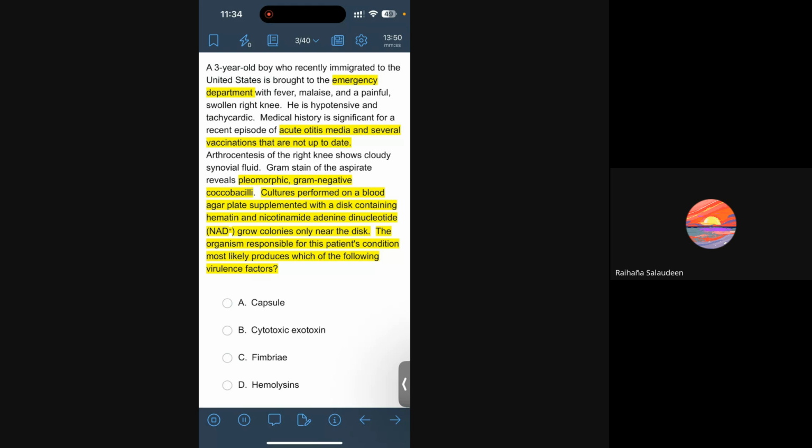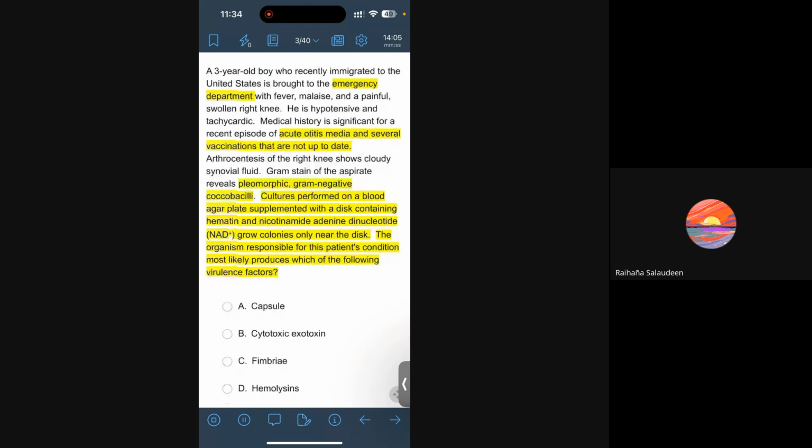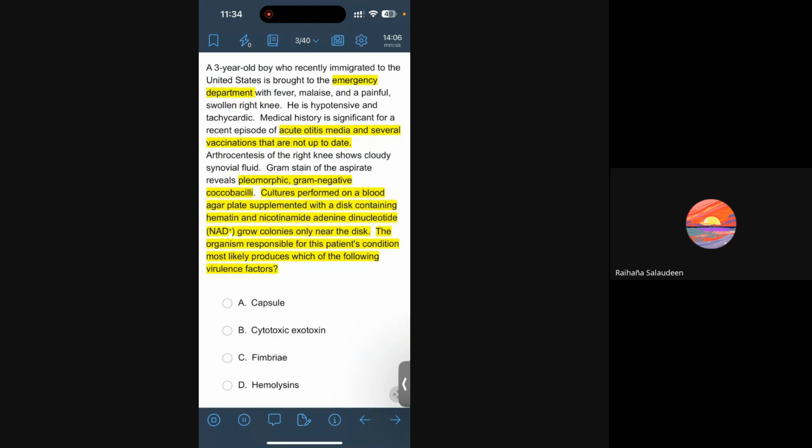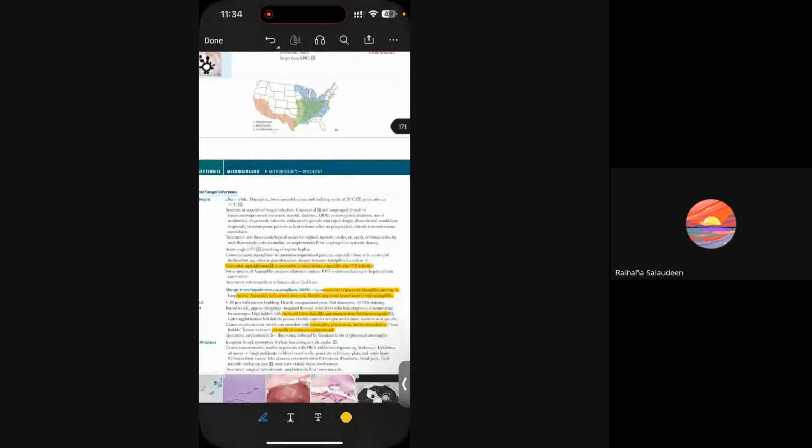What is the specific bacteria which is causing this? The patient has septic arthritis, right? That's why the aspirate of the right knee shows cloudy synovial fluid. The patient has septic arthritis, and the cause is a gram-negative cocobacilli.